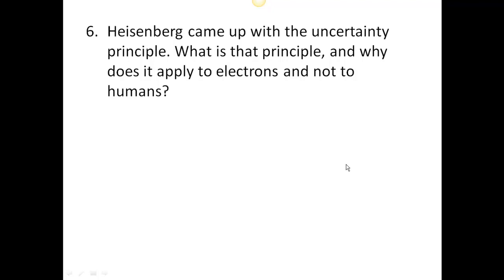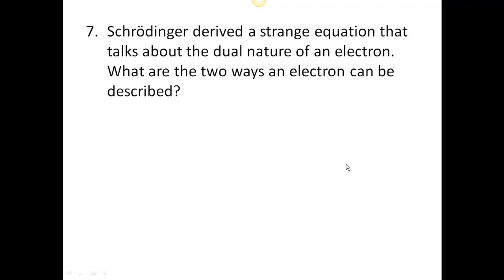So we're hitting an electron with another electron to determine how fast it's going. Aren't we then altering the course of that electron? So that's the problem: whenever we try and measure the electron, we have to measure it with something, and that impacts the electron. But when you shine light on us, does that make us move faster, slower? No, not really. So that's why it doesn't apply to humans, but it does apply to electrons.